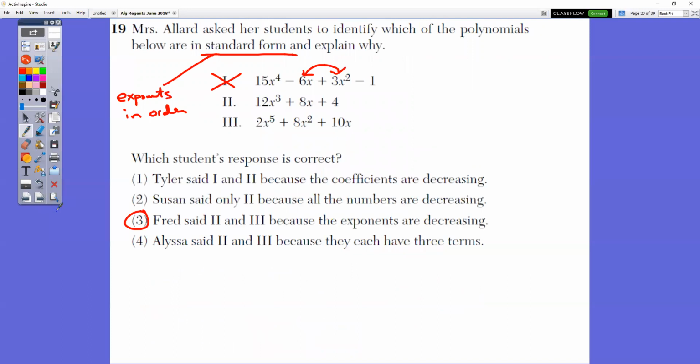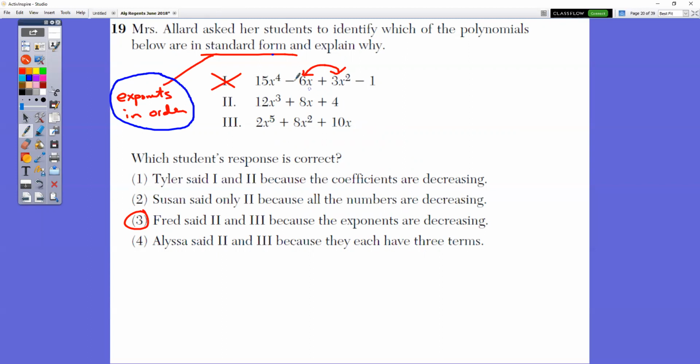In question number 19, which student's response is correct? Mrs. Aller asked her students to identify which of the polynomials are in standard form and explain why. Standard form means that the exponents are in order. It makes no difference at all what number is in front of the X. We have to put the exponents in order, like 7, 5, 3, 1, or 6, 5, 4, 3, 2, 1.